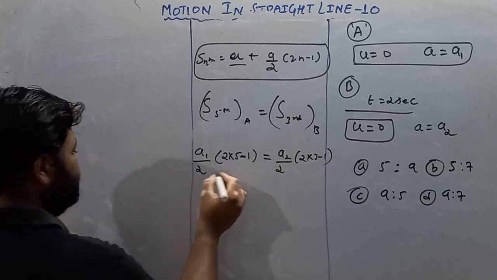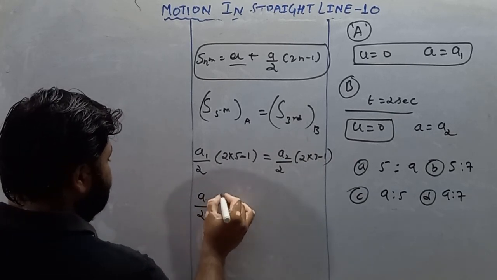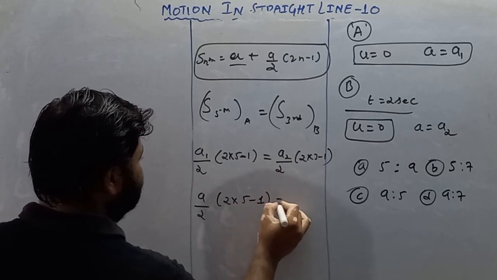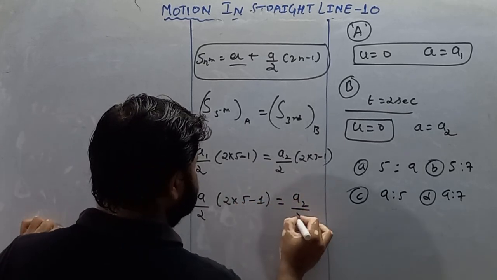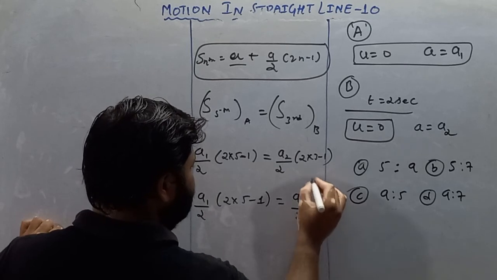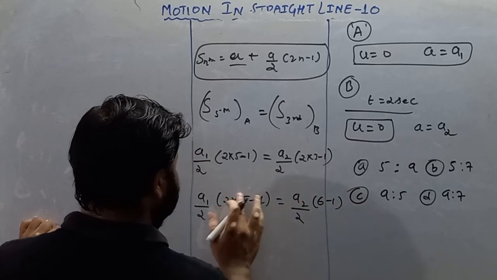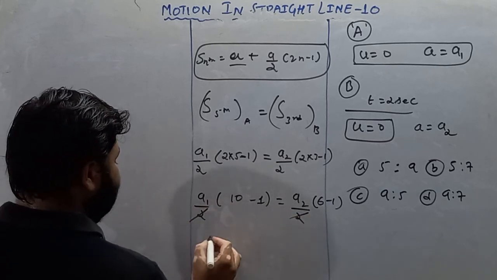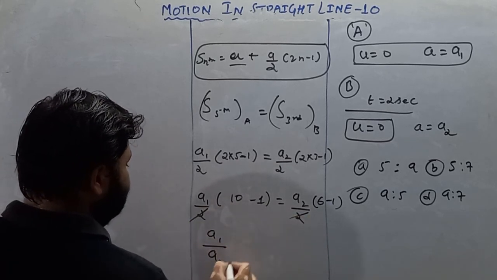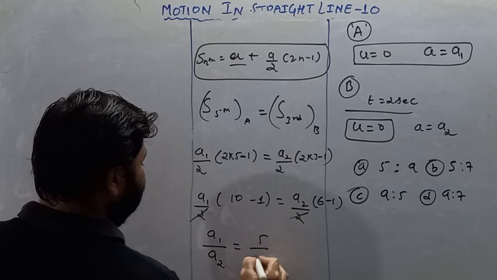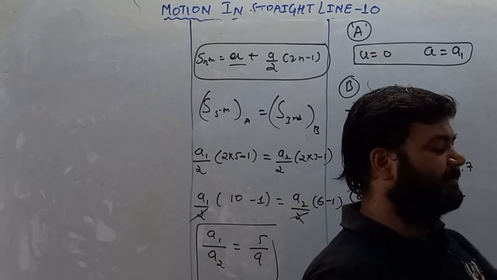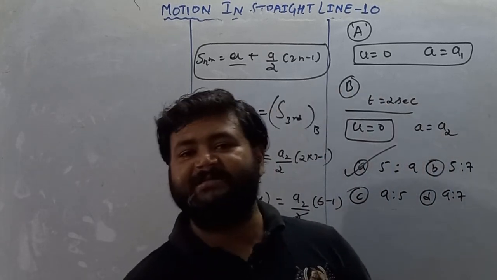This is a1, this is a2. 3 twos are 6 minus 1 and 5 twos are 10 minus 1. So the 2 gets cancelled, so a1 by a2 must be equal to 5 by 9. So the ratio is 5:9. It means the correct option is 5:9.